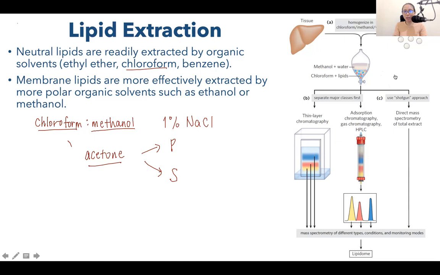In the acetone step, what precipitated were the phospholipids. And then the rest, the neutral lipids and cholesterol, are in the supernatant. So in the precipitate, phospholipids, and in the supernatant, neutral lipids and cholesterol.